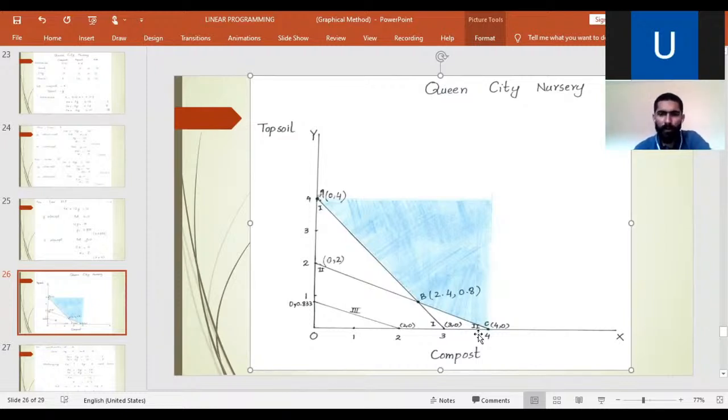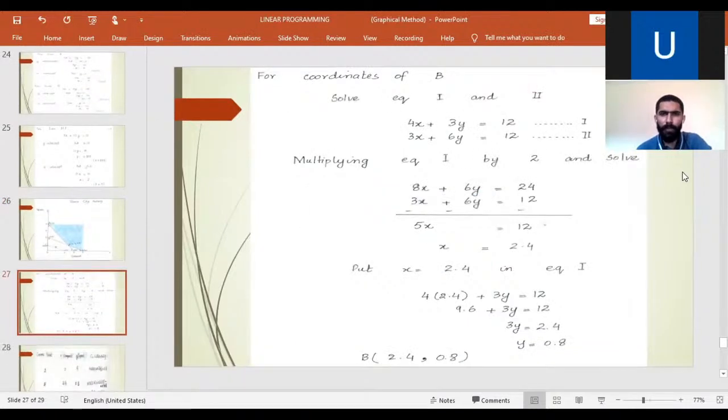Now, we will highlight the feasible area, and after that we will find the value of coordinate B. In order to find the coordinate value of B, we will solve equation 1 and equation 2. We will multiply equation 1 by 2 in order to subtract equation 1 from equation 2.